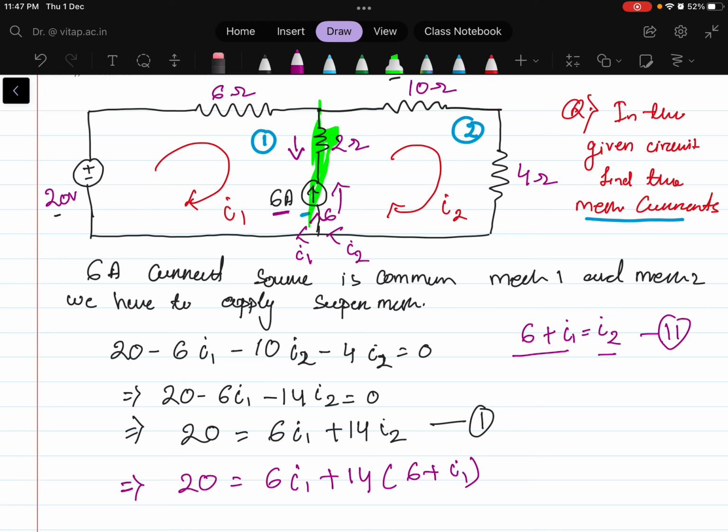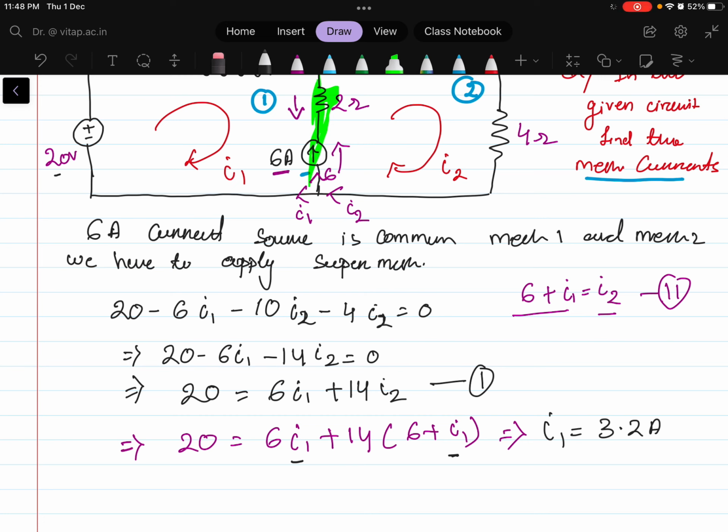Now if I solve this with the help of a calculator, I1 is the single variable here, so the value of I1 will be equal to 3.2 ampere. You should calculate these values with your calculator and verify these answers. And for I2, if I put 3.2 ampere here as I1, then I will get I2 as 2.8 ampere.